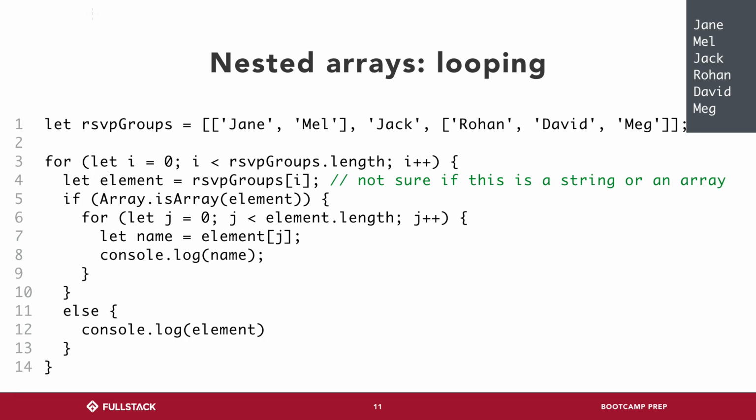It wouldn't be Jane 0, Mel 0 with dot push? It would be Jane 0, Mel 0 if you... No, because it happens in order. So if you said push Jane, push whatever you concatenate it as, it would be Jane 0, Mel 0, because it's in order.